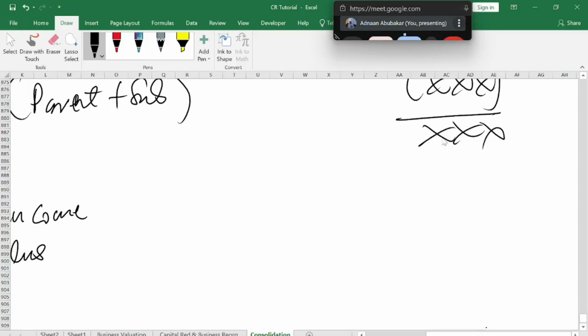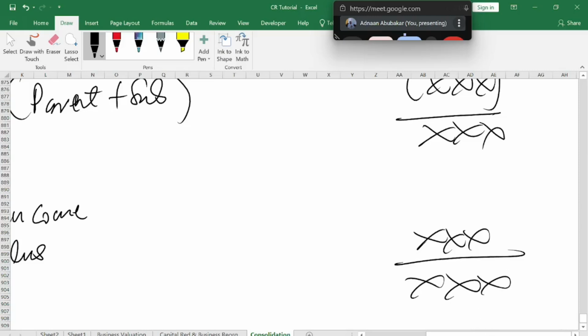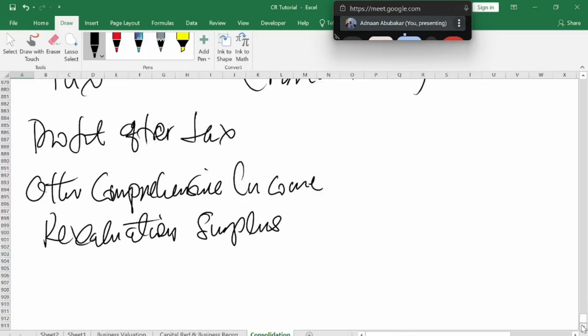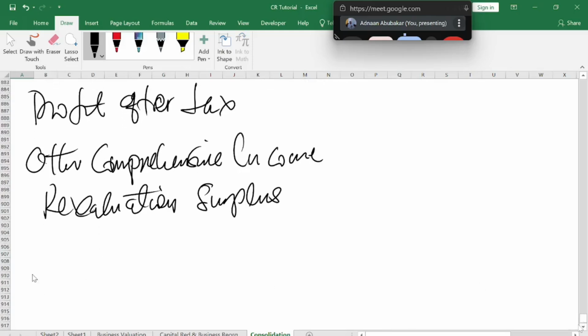Then you can bring your revaluation surplus here and add it, and whatever you get is your net profit after other comprehensive income. That is it about this one.